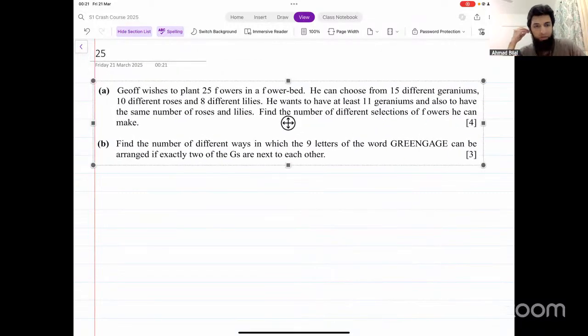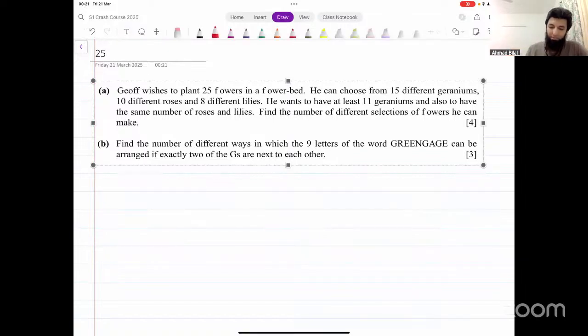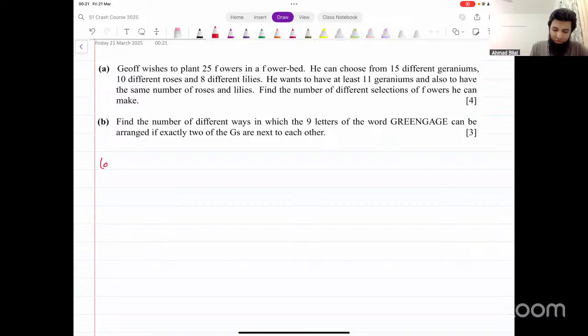Question number 25. Let's have a look at this. Okay, so what I'll do is I'll just show you the working for the first part and then you can complete that afterwards. So there are 25 flowers in a flower bed. He can choose from, Jeff can choose from 15 different geraniums, 10 different roses, and 8 different lilies.